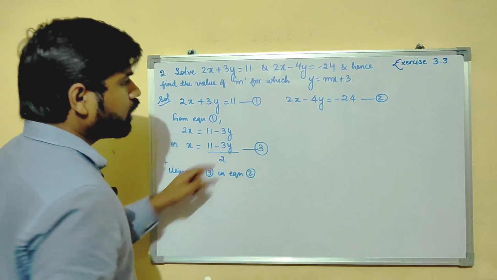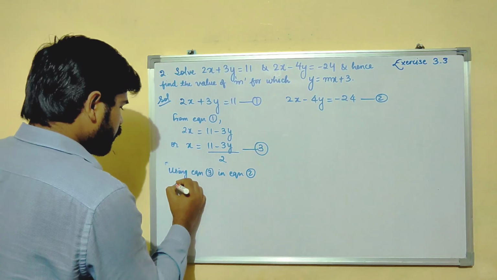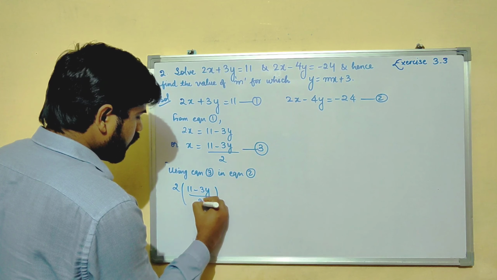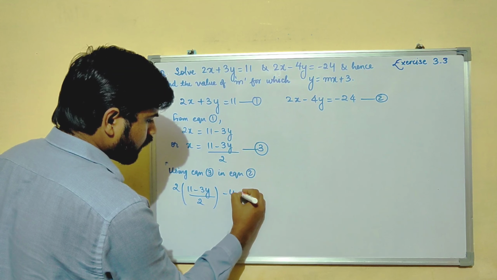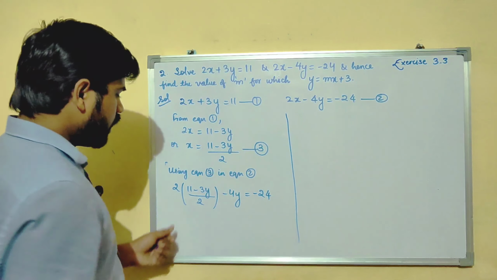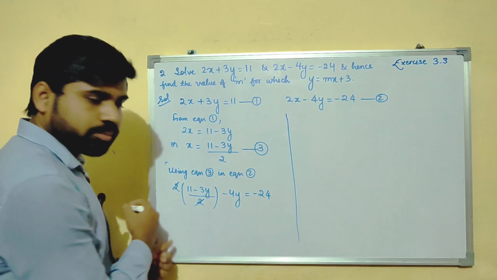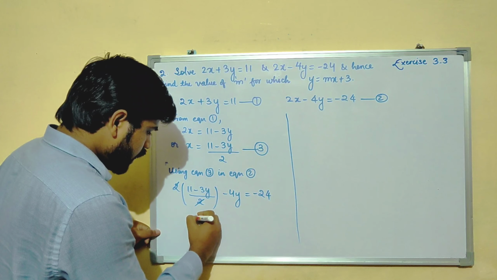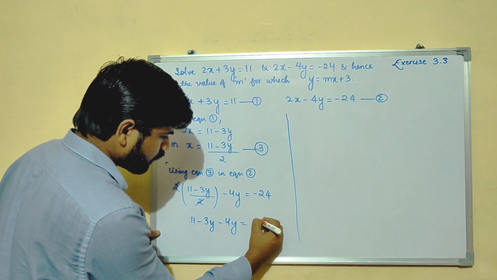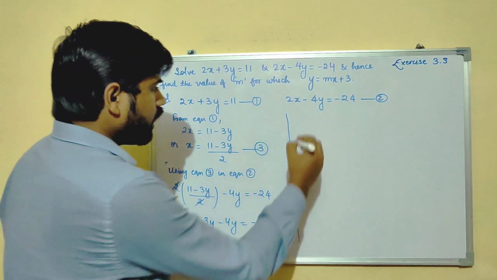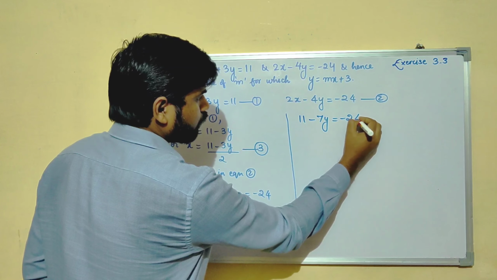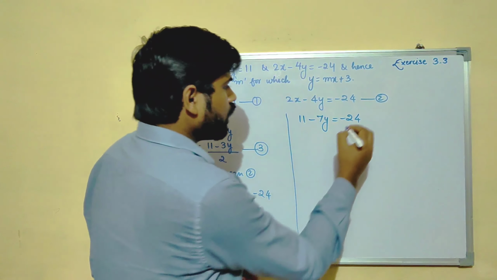Okay, so 2 times x, that means 2 times 11 minus 3y upon 2 minus 4y equals to minus 24. Let us simplify it. This 2 will be cancelled here, right? You will be left with 11 minus 3y minus 4y equals to minus 24, or 11 minus 7y equals to minus 24.